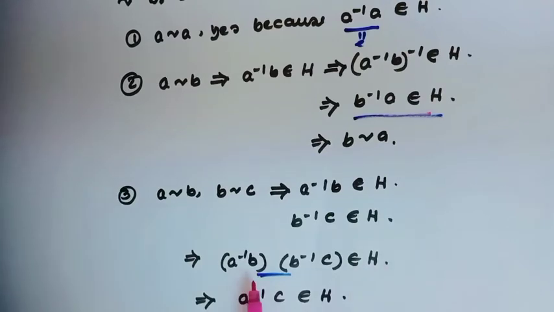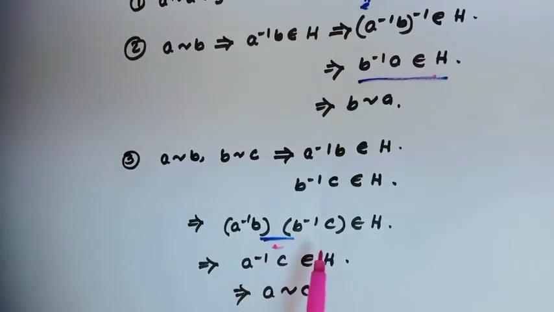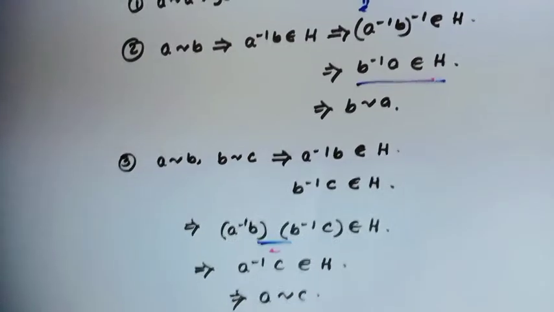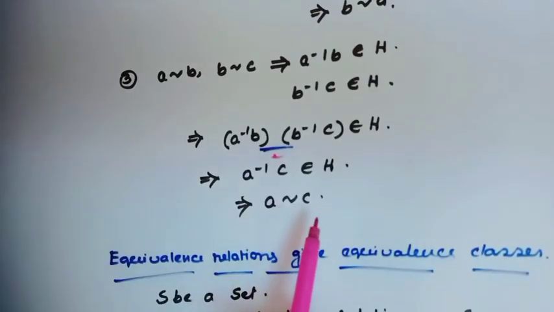Okay? b times b inverse equals identity, that implies a inverse c is a member of S, and from this line, a is related to c.